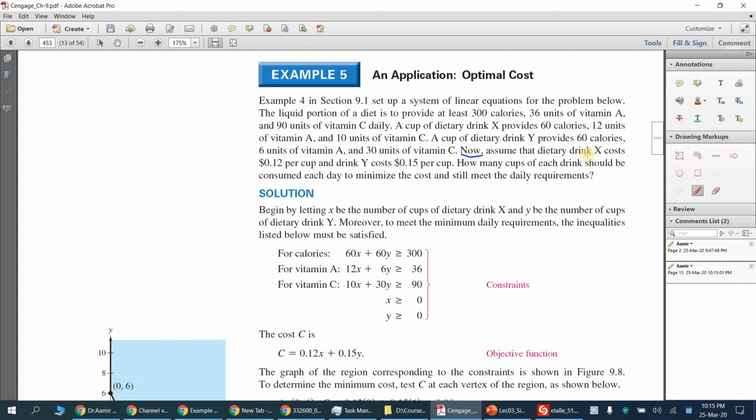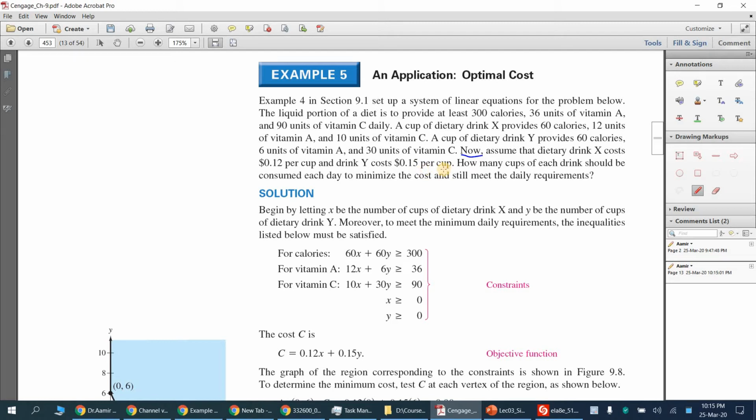Now assume that the dietary drink X costs, so they have put the cost now. The dietary drink X costs $0.12, so it's almost 12 cents per cup, and drink Y costs 15 cents per cup.